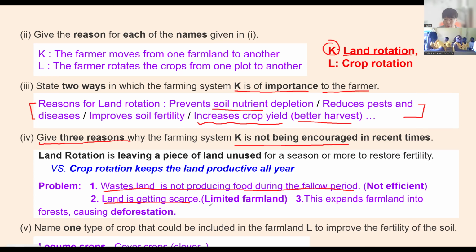There's a limited amount of farmlands. So that's why land rotation is not preferred or encouraged currently. And number three, it can also expand farmland into forests, and that might cause deforestation. You have to cut down more trees in order to increase the amount of farmlands, which is not good for the environment. So this is the reason why the crop rotation method is the better method.